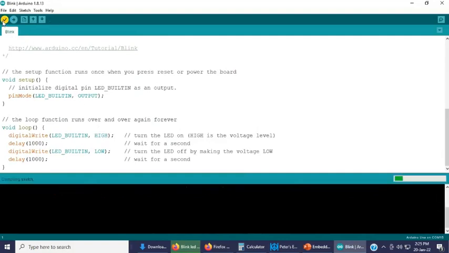So if I compile this code, let me check if I can show you, because I don't have the cable with me. Compiling the sketch, and it's taking too much time.